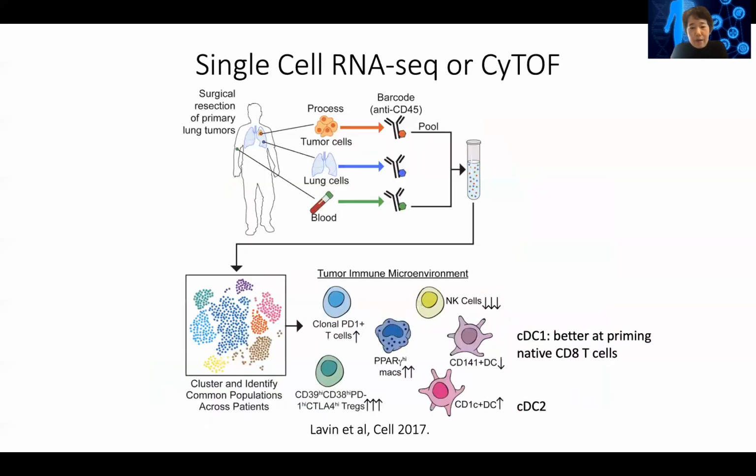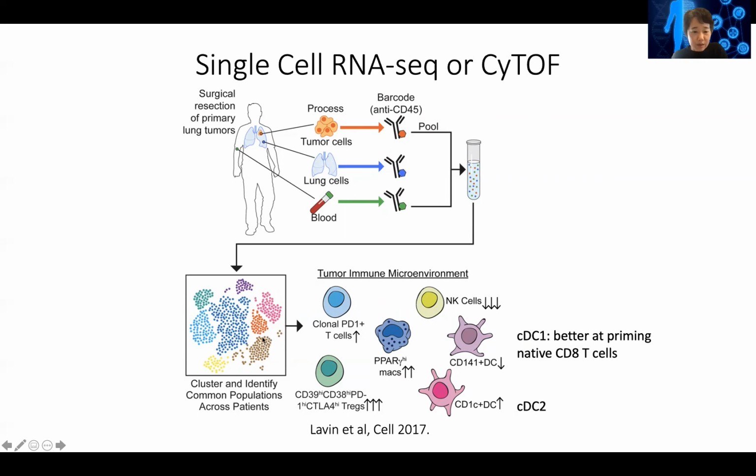And so you can see this is just one example of another study looking at single cell. You can do either single cell RNA-seq or CyTOF. They are looking at lung cancer, and they use specific antibodies to enrich for specific cell types.